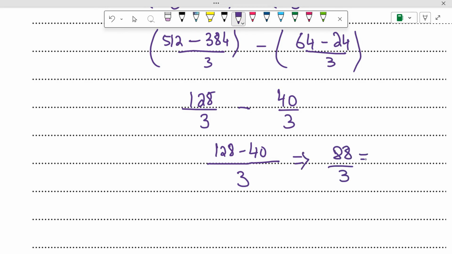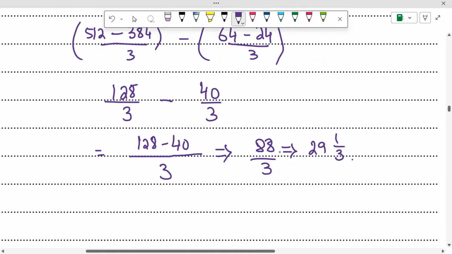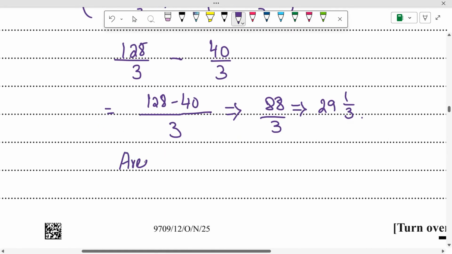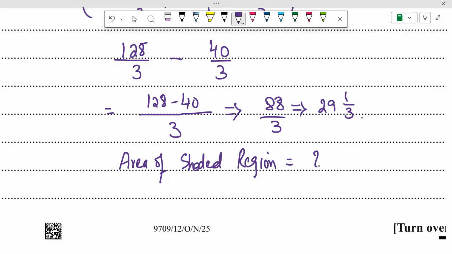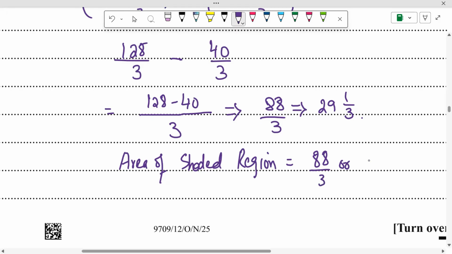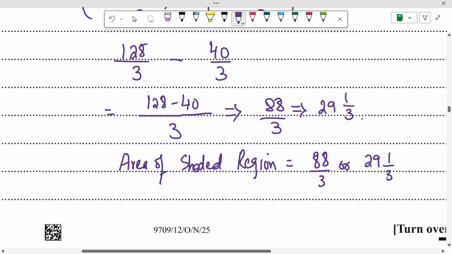In mixed number form, it is 29 and 1 by 3. So this is the area of the shaded region. The area of the shaded region is 88 over 3, or 29 1 by 3, unit squared.